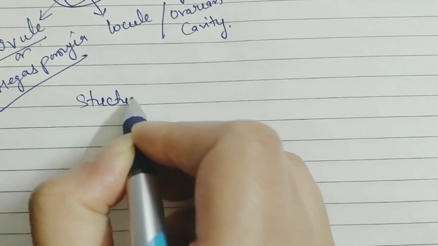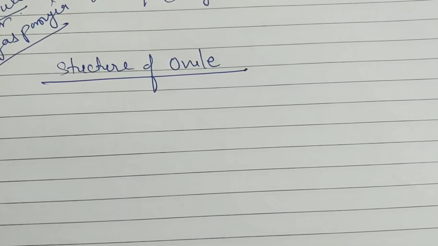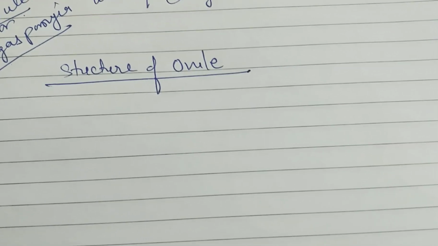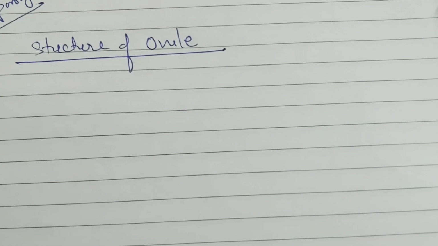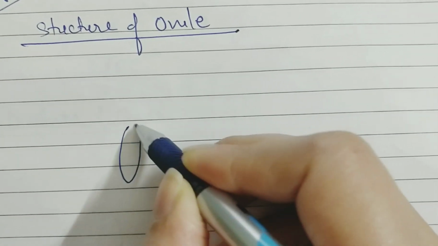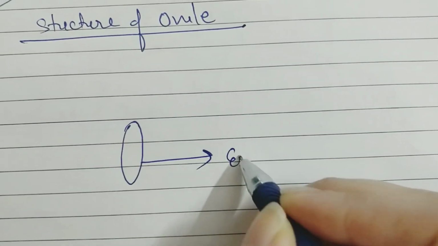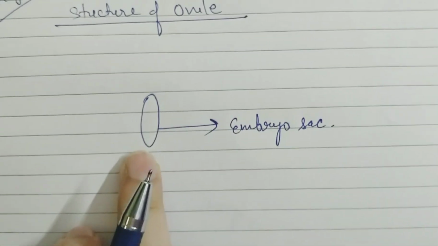So now let us start with the structure of the ovule. Before that, first we need to understand that the ovule is a very small structure which is attached to the placenta. Inside the ovule the embryo sac is present, where the egg cells are formed.